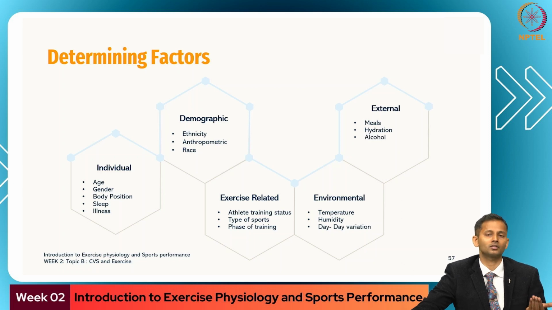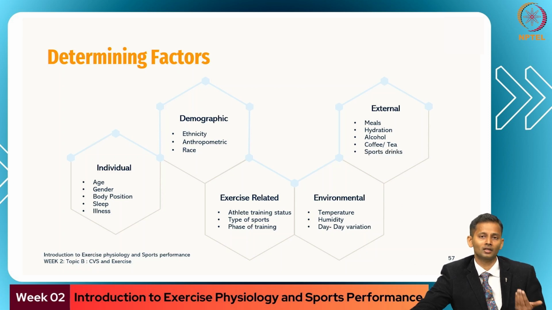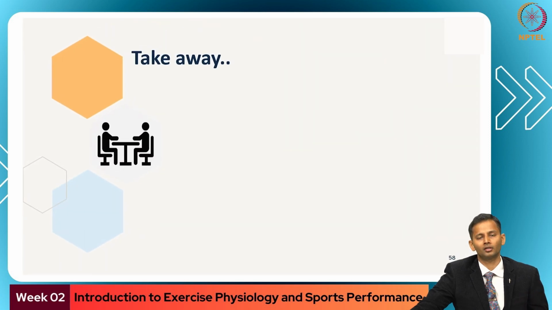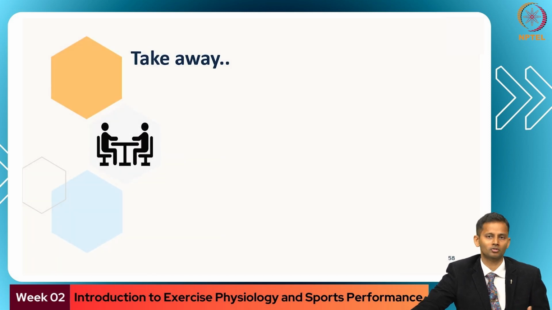It also depends on hydration, whether he has taken alcohol the previous night, or has consumed coffee or tea before the exercise training, or any sports drinks, because sports drinks generally have caffeine as a content, which may again increase the sympathetic nervous system. Even smoking. These are the other factors one should consider when you are using cardiovascular parameters as a training tool for your exercise prescription and sports training.